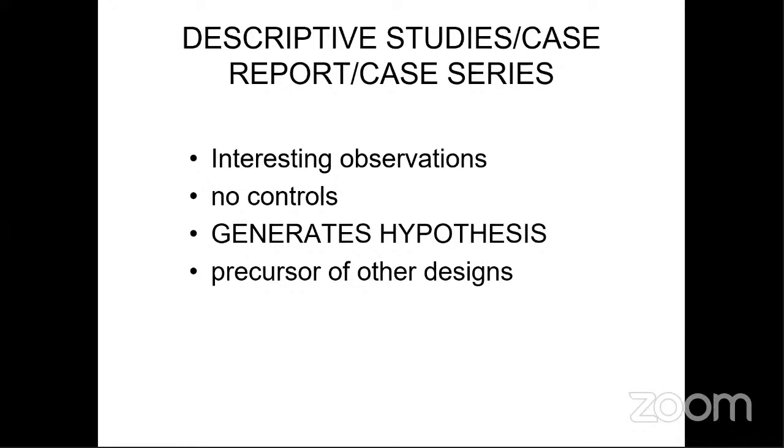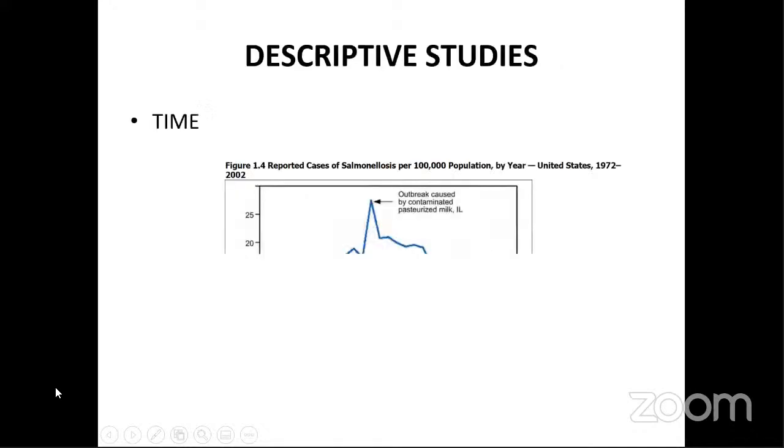If it's more than one, it would turn into a case series. All right? So your descriptive studies would usually look at it 2 times. So remember your biostatistics in epidemiology.